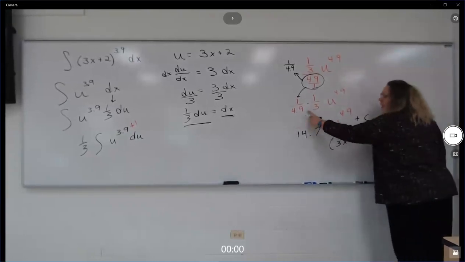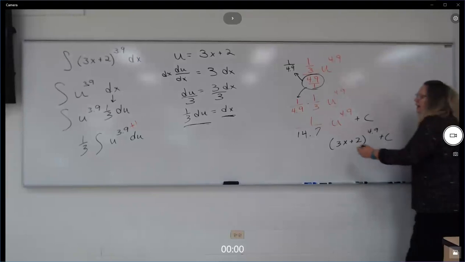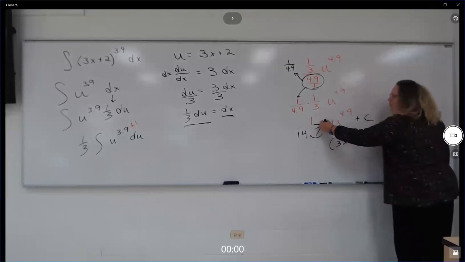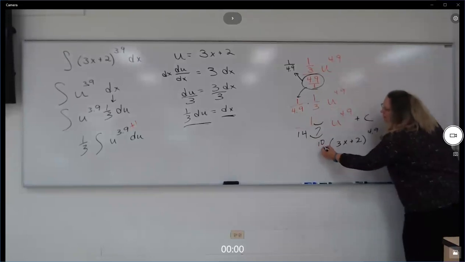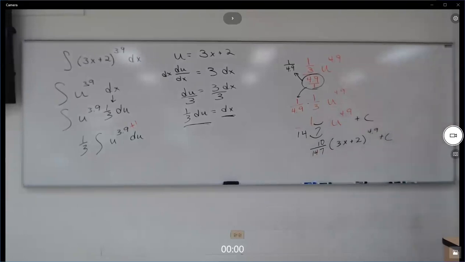This answer is okay. Sometimes we don't like decimals and fractions, though it's fine with me. I'm not too picky. But technically, we could move this over 1, and so probably the best answer would be 10 over 147. But if you do a decimal and a fraction.